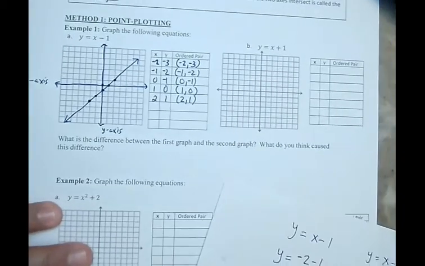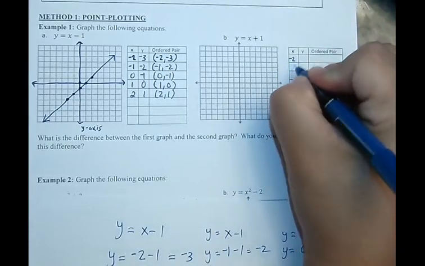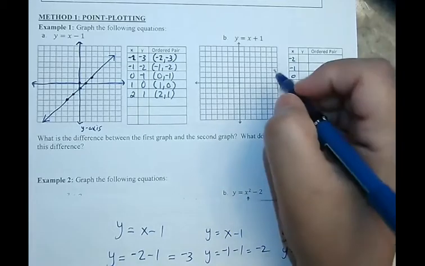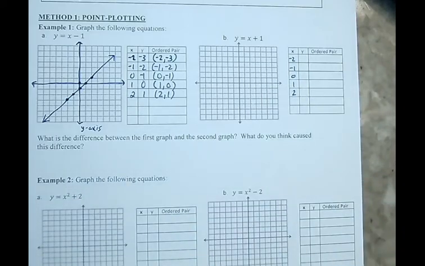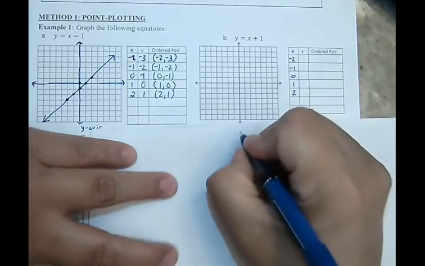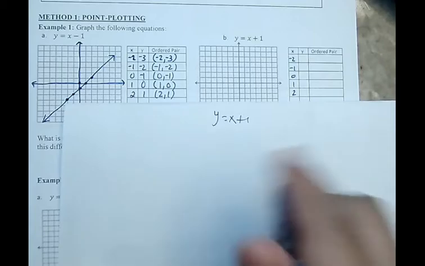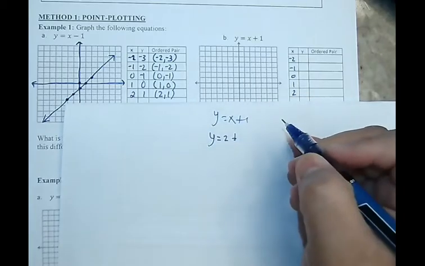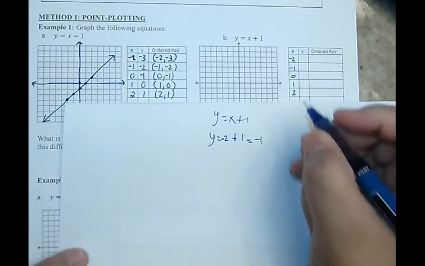Okay, let's look at example letter B. So again, you can choose any values you want for x. Again, I recommend some negative and some positive. And so here we have y equals x plus 1. So anywhere that you see an x, we're going to substitute it with those values. So here I'm going to substitute a -2 in for my x, and that gives me a -1.